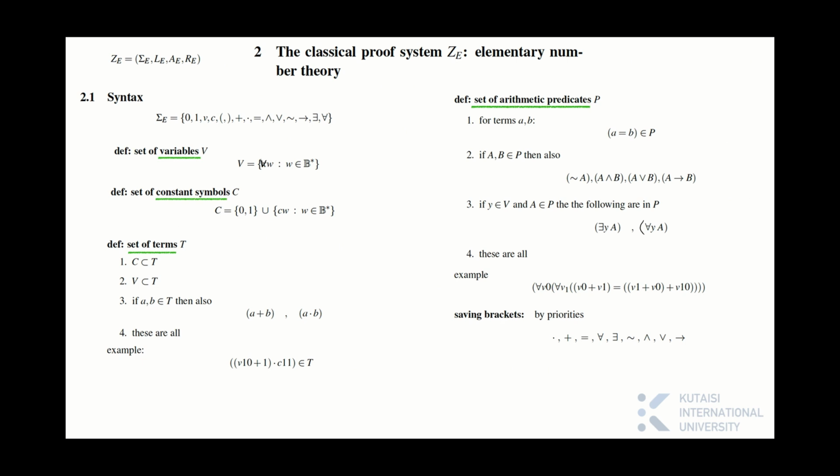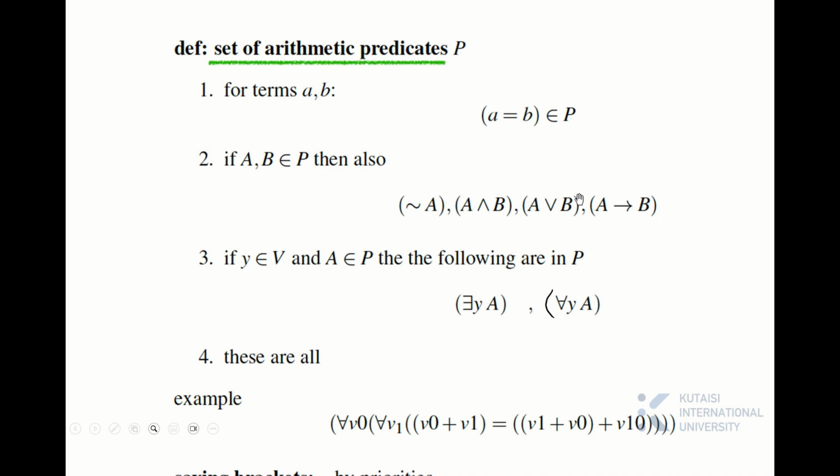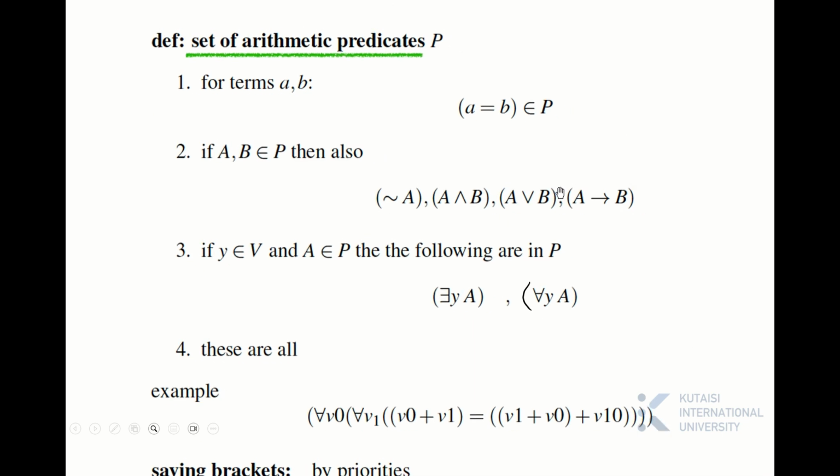And now we move on to another very important definition. These two are the main players here. What is a predicate? Let me give you what an arithmetic predicate is. An arithmetic predicate is again a string over whatever language I'm building, I have not specified it yet.